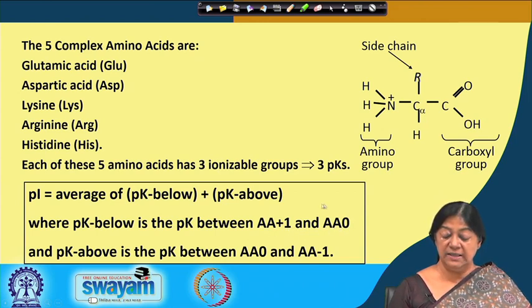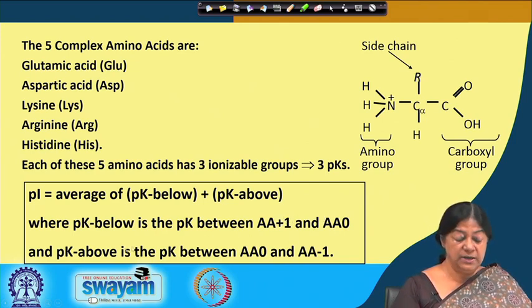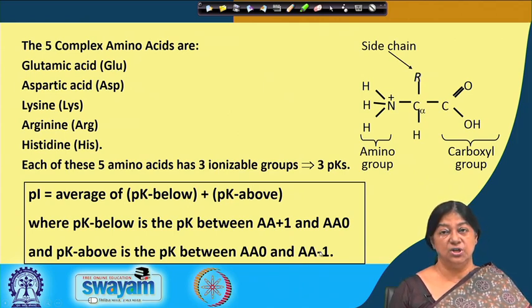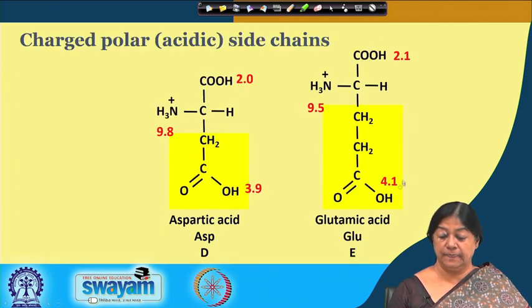There is a pK that is going to be responsible for the charge going from +1 to 0. Similarly, there is going to be a pK responsible for the charge going from amino acid charge 0 to amino acid charge -1. It is these 2 pKa values that we have to find, and the average of that is going to be the PI of the particular amino acid.